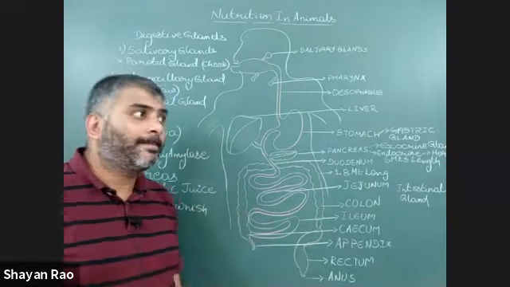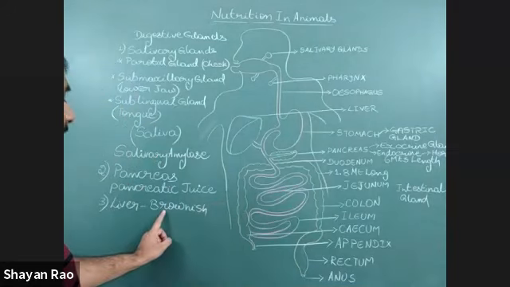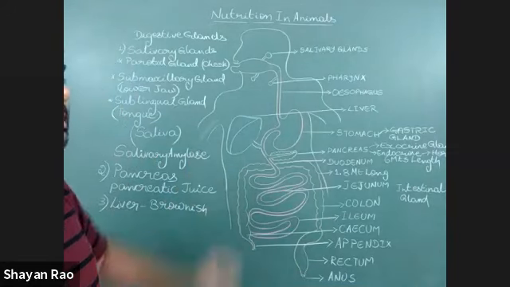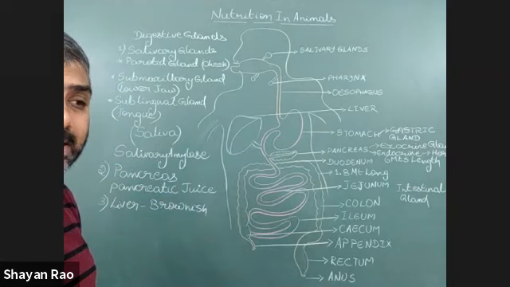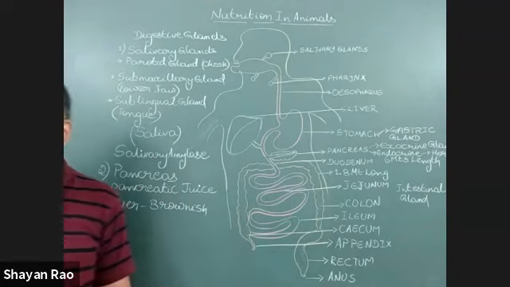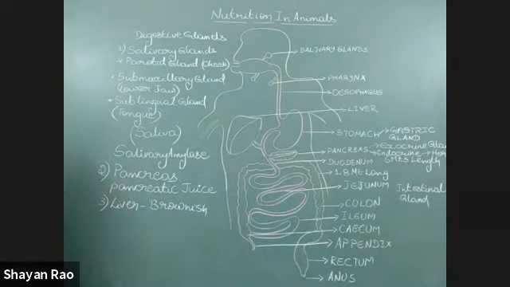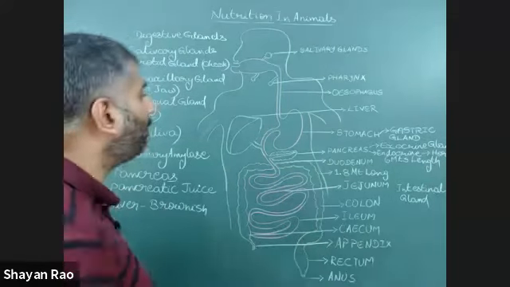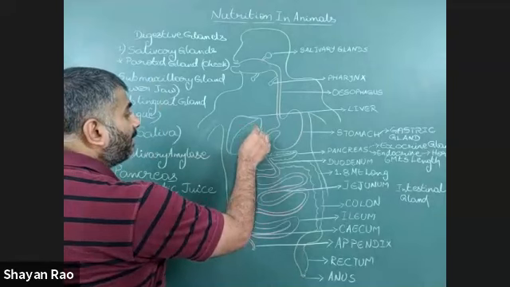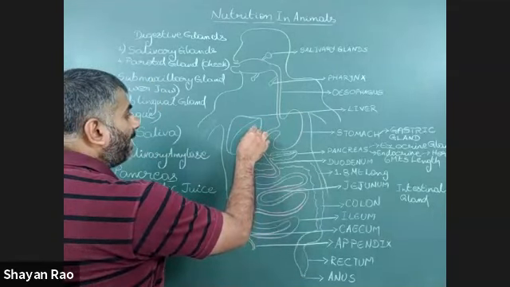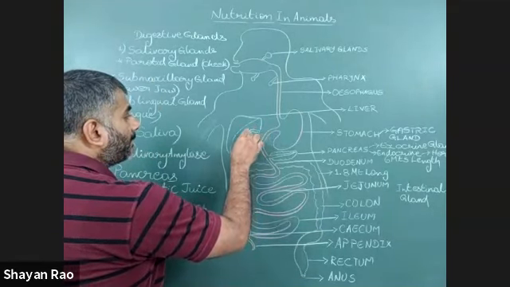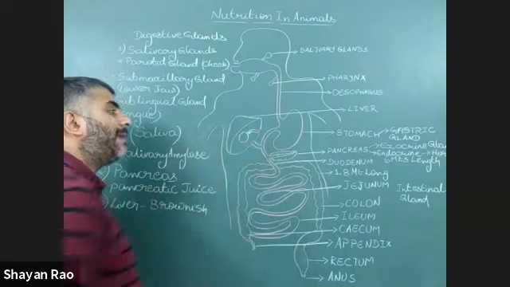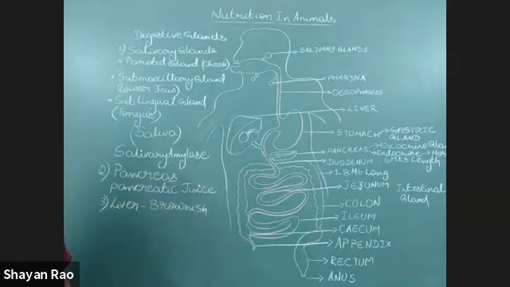This liver has secretions called bile secretions. Those bile secretions are seen with respect to one bladder, called the gallbladder.